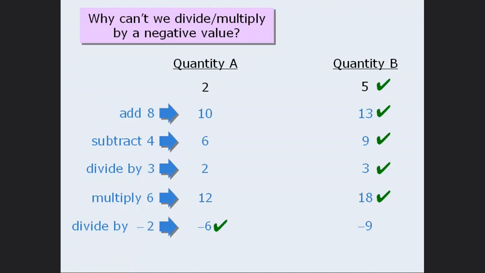Our original goal was to compare these two quantities, and when we performed any of these acceptable operations on the quantities, the resulting values were consistent with the conclusion that quantity B is greater than quantity A. However, when we divided both quantities by a negative value, quantity B was no longer greater than quantity A. This problem will occur whenever we divide or multiply both quantities by a negative value.